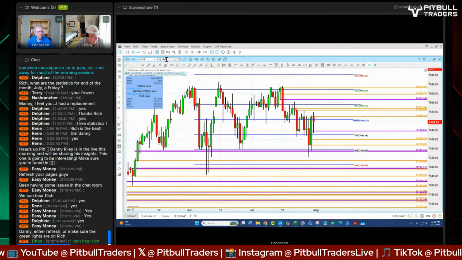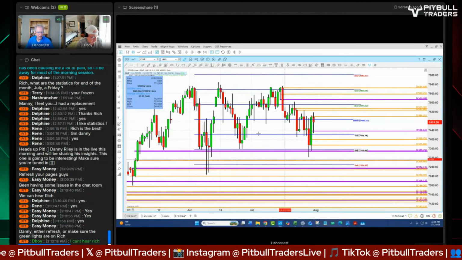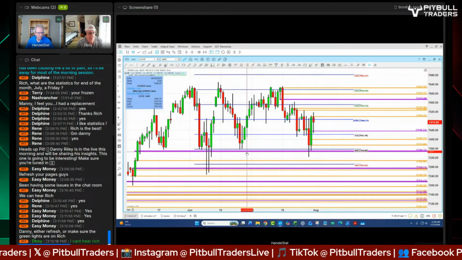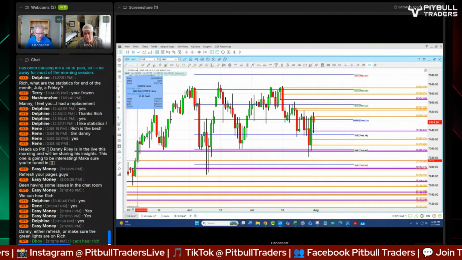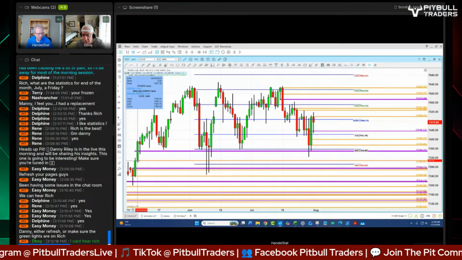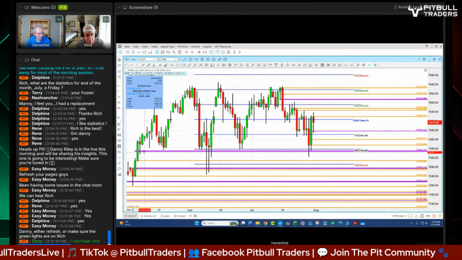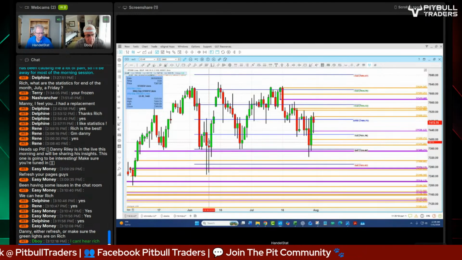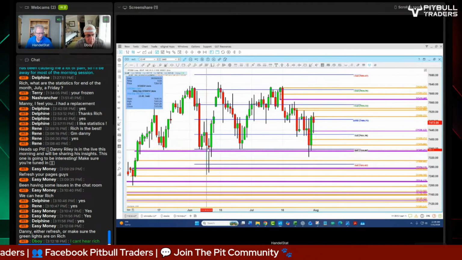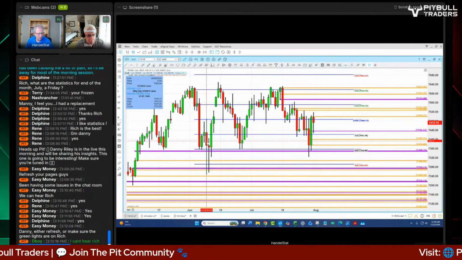As I say, this 1440 is based on my 1440 minutes in a day. It's my time fractal theory on market pricing, and I only use the body of the candle. If you use the wicks, it would be totally different. Obviously, if you use the wicks, the midpoint of this bar would be down here. It wouldn't be up here. But for me, that is up here.